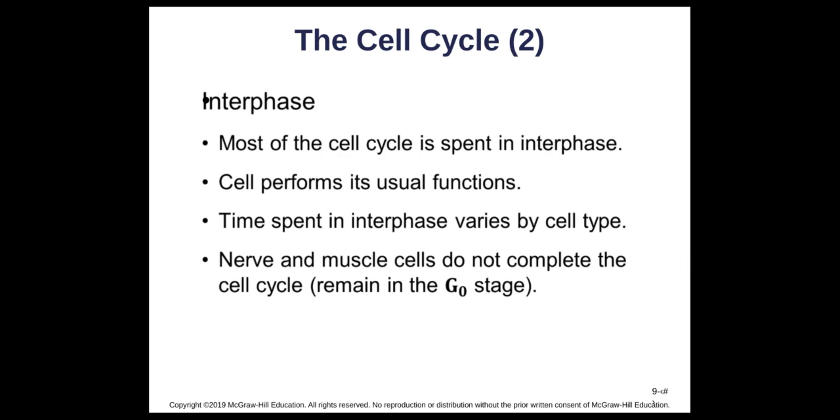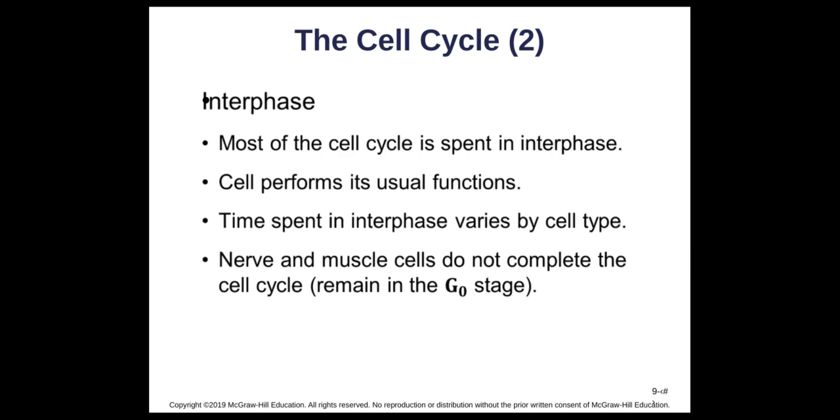For much of what we're going to do, we're going to look at just the generalized cell, but we know from learning our cell organelles that some cells have more of a certain type of organelle or less of a certain type of organelle or don't divide, things like our nerve cells. So know that some of what we say is that generalized version, and it will depend on the cell type that you are looking at.